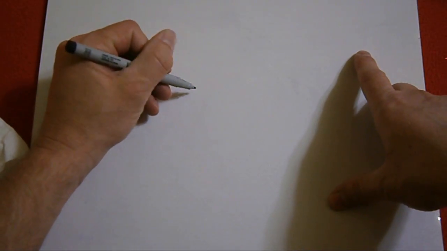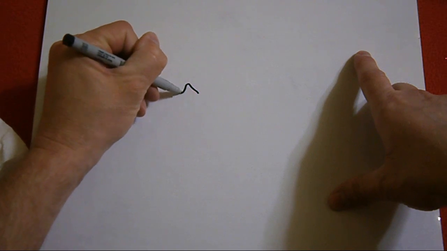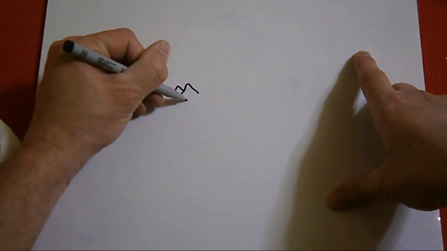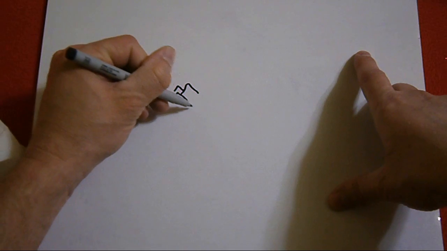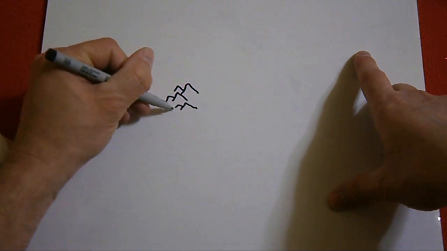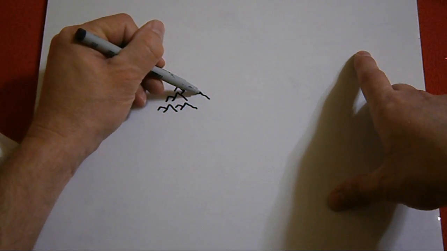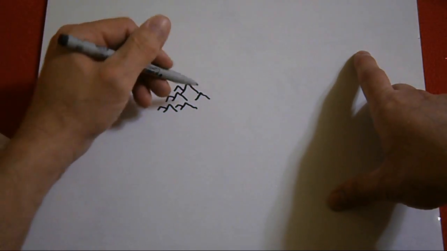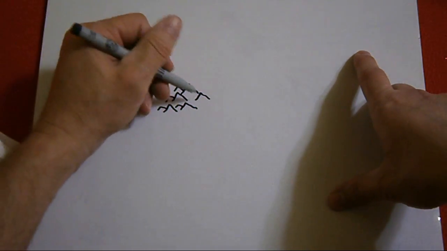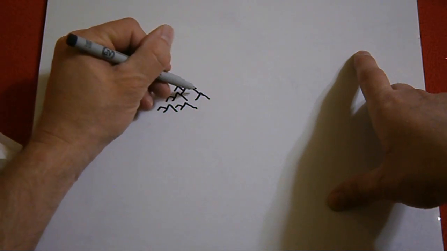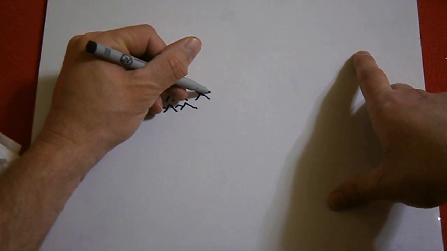Well, I'm doing these in really large scale. You're likely going to be making smaller mountains like this, depending on the size of your drawing too. I'm kind of doing this awkwardly because I've got my arm around a camera right now.